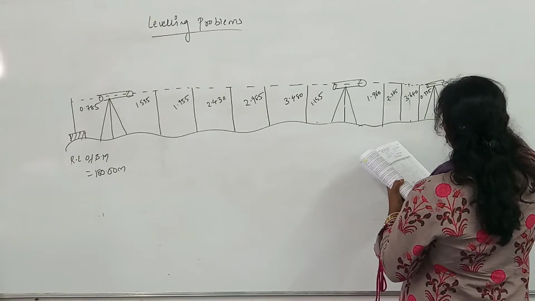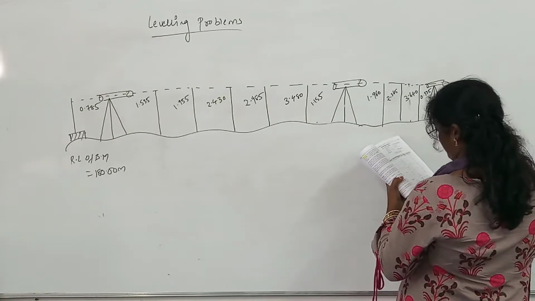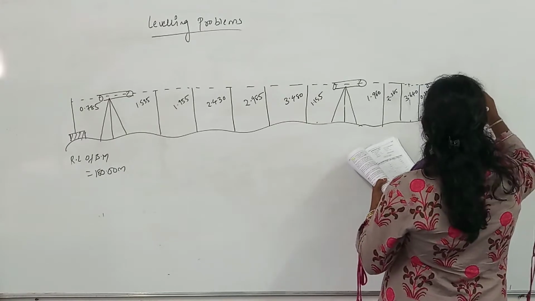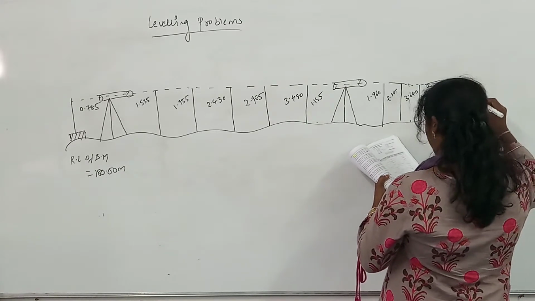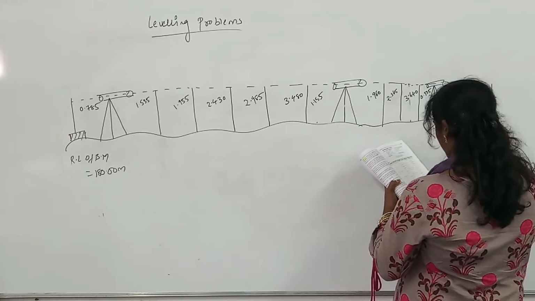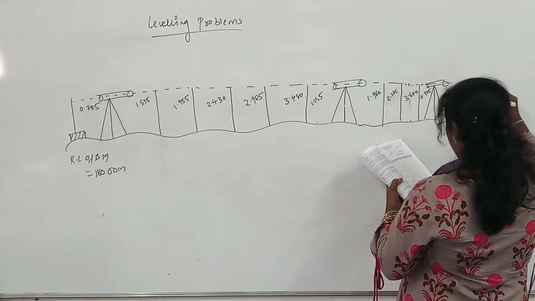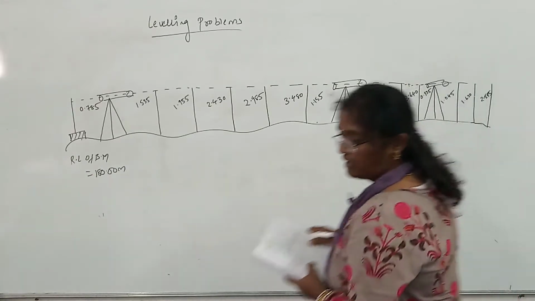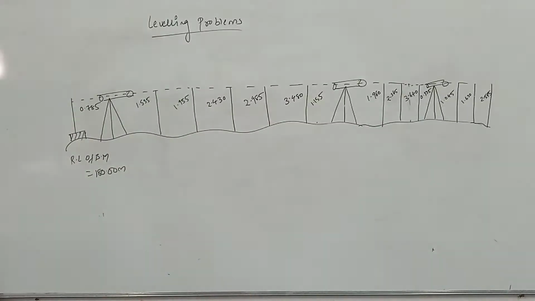Next value 1.045. Next value 1.630. Right, in this problem he has given all the values.